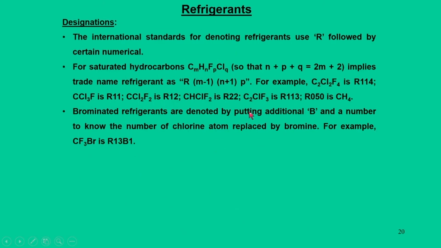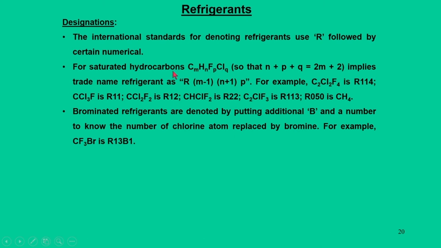Now, I am going to talk about what this R is and how the refrigerants are designated. There are two categories. The first category is the saturated hydrocarbons, which consist of hydrogen and carbon, and in addition we have fluorine as well as chlorine.